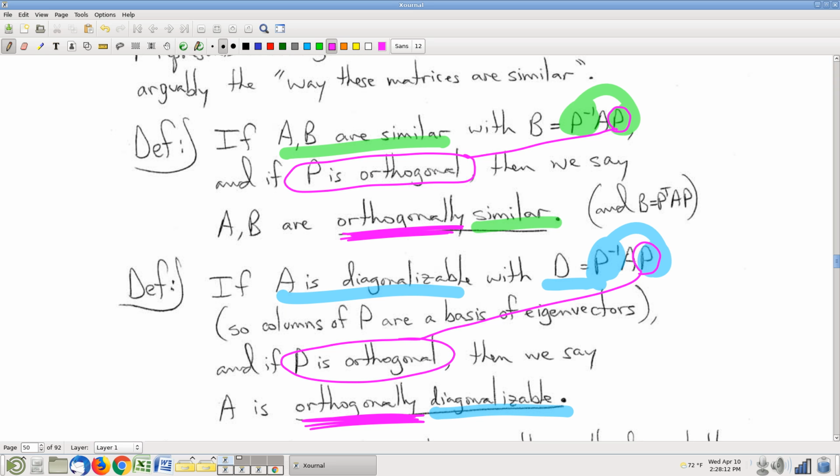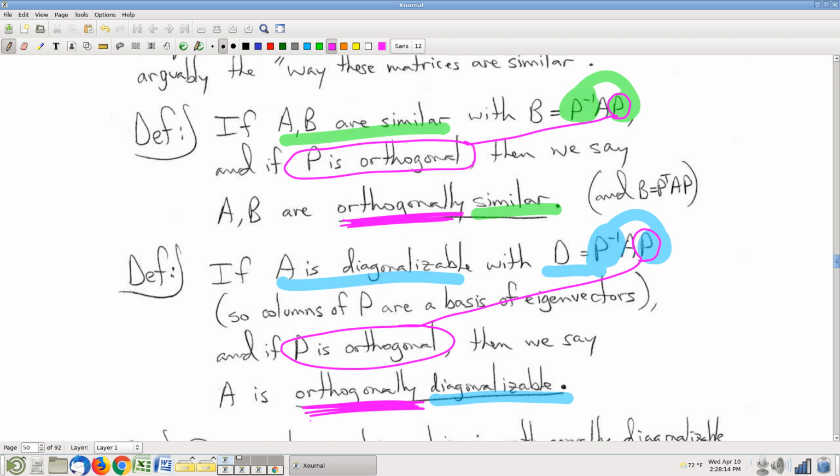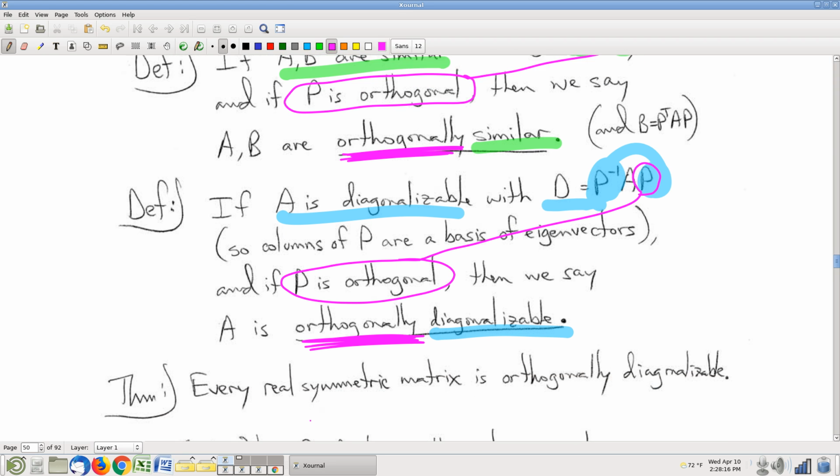So why am I telling you all this business about terminology? It's because this is the last property that we're going to see of real symmetric matrices. We already know that real symmetric matrices have all real eigenvalues. We already know that the eigenvectors are orthogonal. What we don't know yet is how many eigenvectors there are.